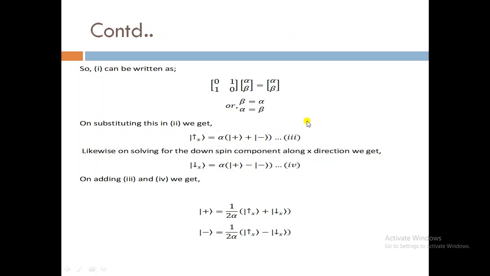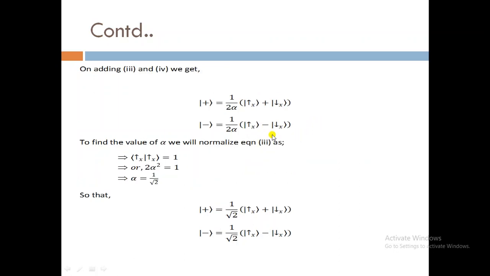So here 1, and another also 1. 1 plus 1 is 2, so 2 alpha square equal to 1, but we have to find the value of alpha. So this 2 goes downside, becomes 1 by 2, and the square goes to the other side, becoming a square root. So alpha equals square root of 1 divided by square root of 2. From here we found the value of alpha.